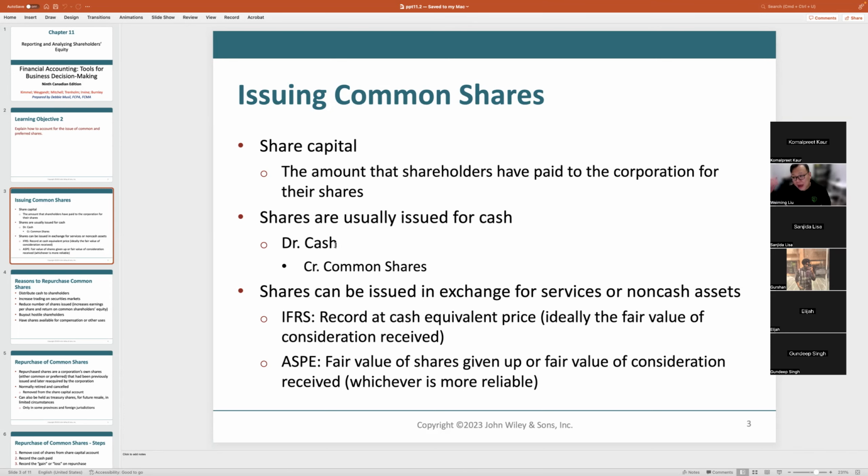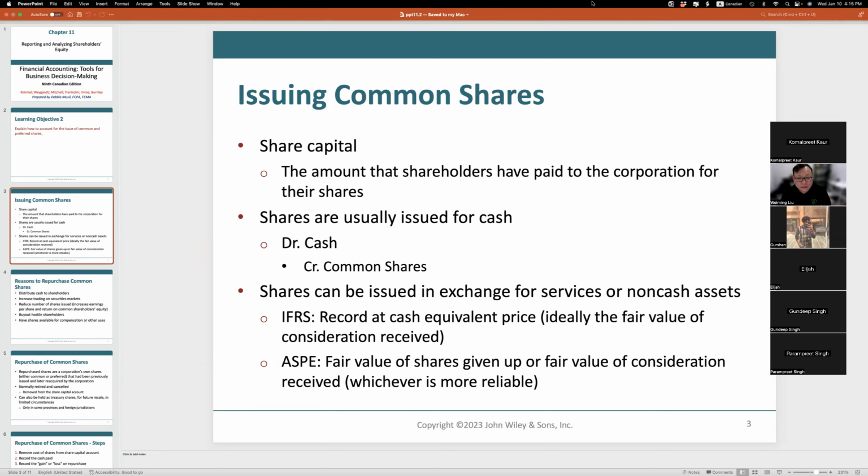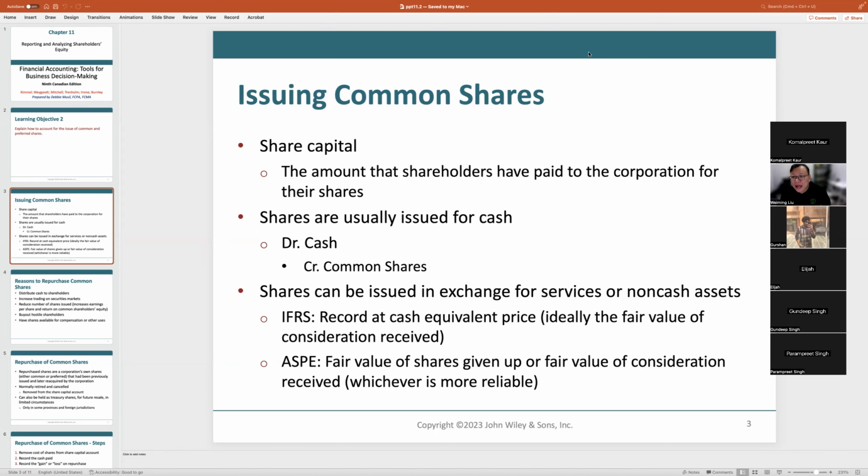It could be asset, liability, or equity, right? Tell me which part of that statement the cash belongs to. Is it asset, liability, or equity?